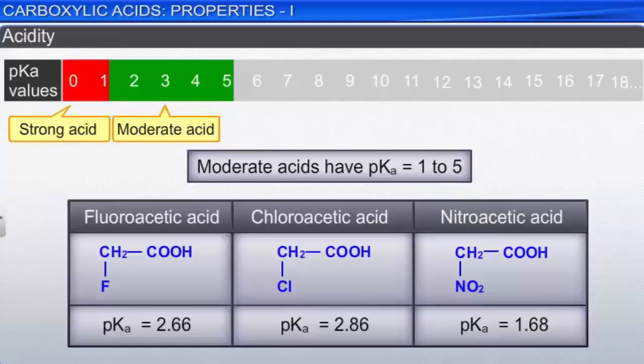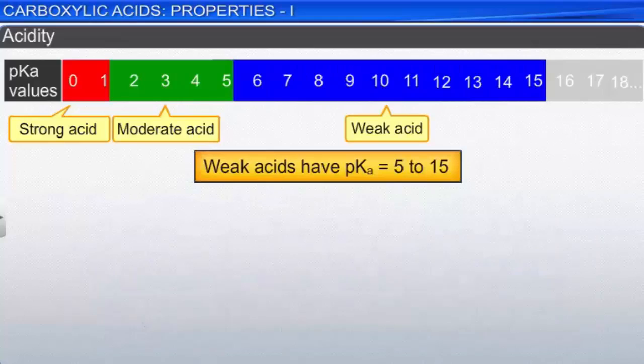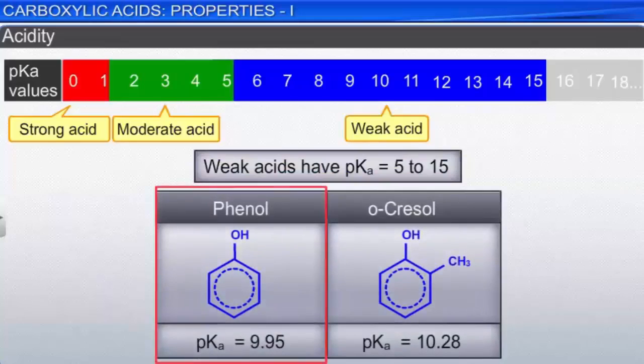Weak acids have pKa values between 5 and 15. For example, phenol with a pKa value of 9.95 and ortho-cresol with a pKa value of 10.28 are weak acids.